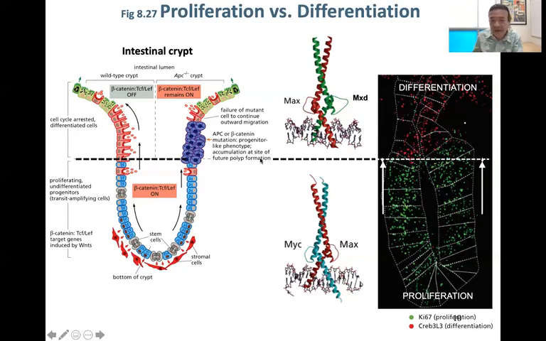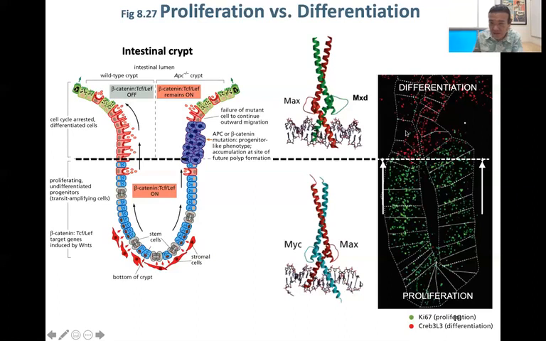So that's why this dotted line here, it's kind of neat to think about. This staining image over here is cool because what they're doing is they're staining for two different protein markers. For example, in green, they are staining with an antibody that looks for Ki67. So Ki67 is a nuclear protein that's expressed by cells that are undergoing proliferation, undergoing mitosis. Right? And so as a result, the cells that are in the lower part of the crypt, right?